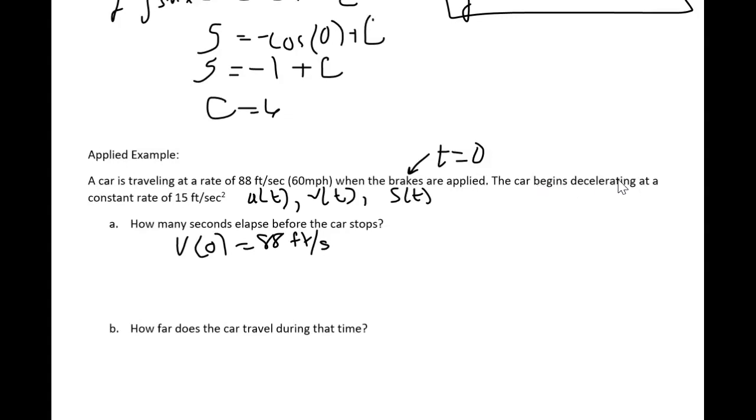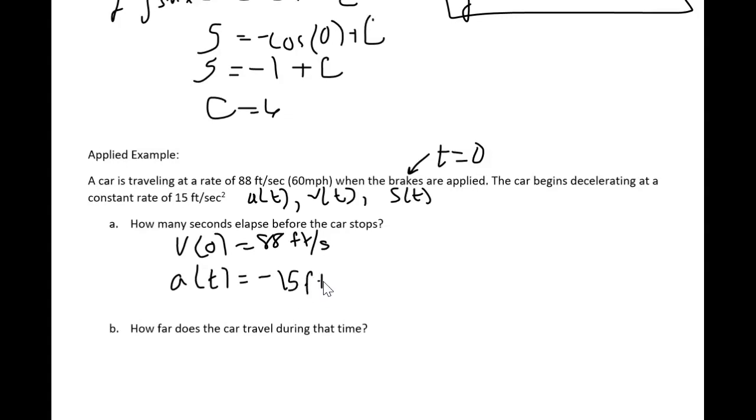Then the car begins decelerating at a constant rate of 15 feet per second squared. So this is our a(0). So this is our deceleration or our acceleration at 0, but because it's a constant rate, it's actually our acceleration at all moments. Because it's losing velocity, it's decelerating, we want to make sure that that's negative 15 feet per second squared.